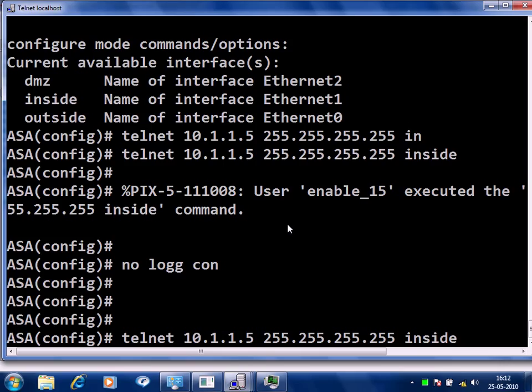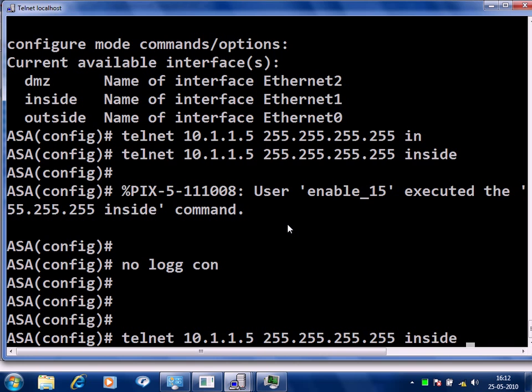That's what I permitted. For telnet to the ASA, the restriction is the lowest security level interface. From that interface, ASA cannot accept the telnet communication. Telnet requests cannot be accepted by ASA from the lowest security level interface.